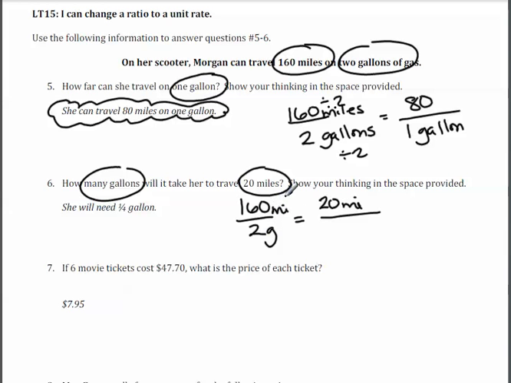So how do I get from 160 to 20? It's a division of 8. So I'm going to divide 2 by 8, and I get a fractional number. 2/8 simplifies to 1/4. So I know she's going to need 1/4 of a gallon.